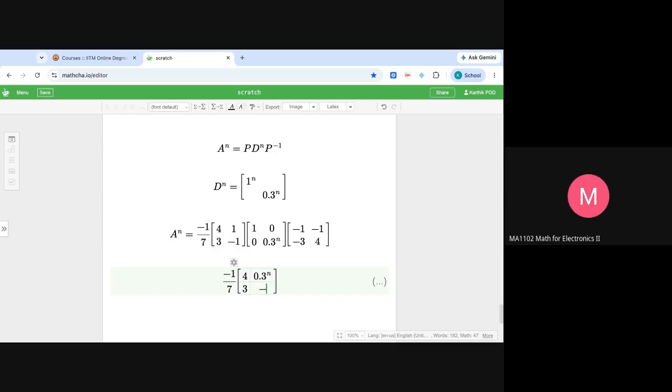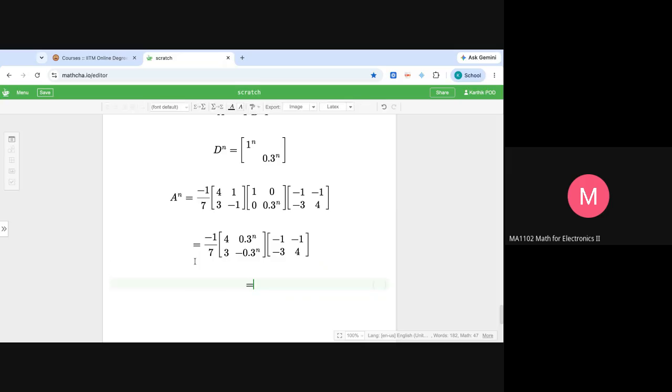So this is 0.3 power n, and then I'm adding this fellow here. That is one final multiplication, which should give us the answer. So this is minus 1 by 7, and this is minus 4 minus 0.3 power n plus 1, because we multiply one more 0.3.